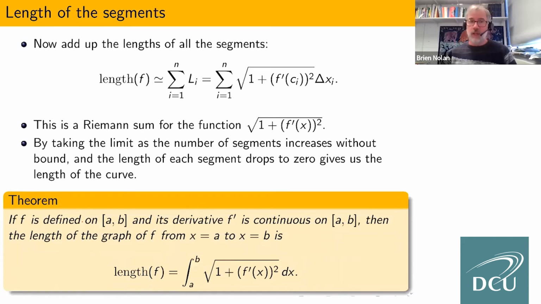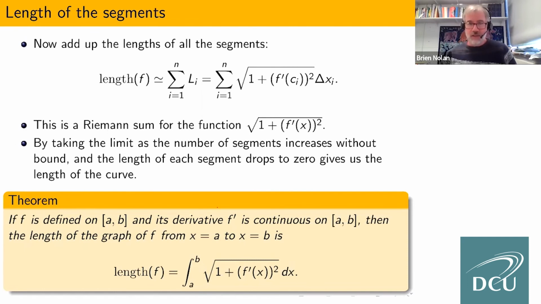this theorem. It gives us this result, that if f is defined on the closed interval [a, b], and its derivative f prime is continuous, so the usual technicalities that are nearly always going to be satisfied for the functions that we'll come across, and essentially always are in applications.